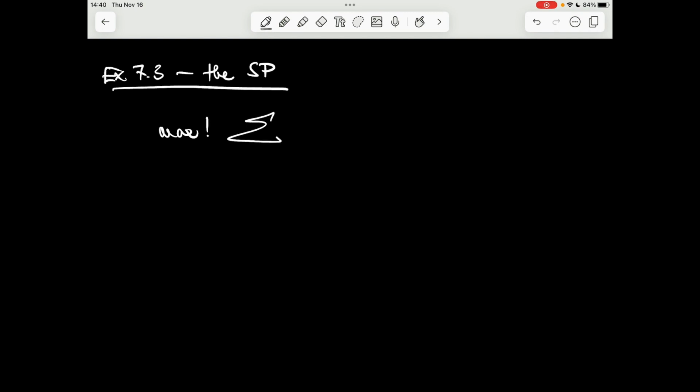Let's go on with exercise 7.3, the social planner formulation of the same problem. The social planner wants to maximize this discounted sum, where s_t is a function of this period's and next period's output.